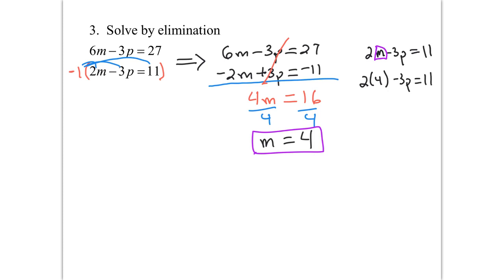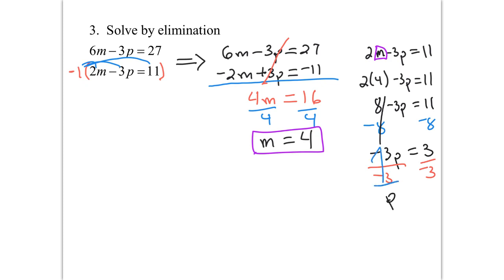Notice I substitute 4 into the m, and now I solve. So we get 8 minus 3p equals 11. You subtract 8, so negative 3p equals 3. And now you divide by negative 3, so p equals negative 1.